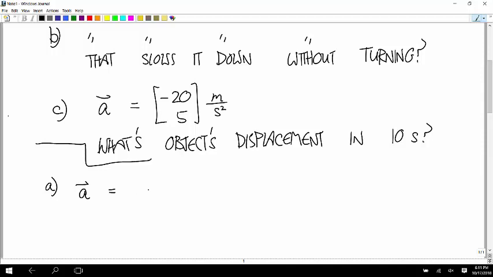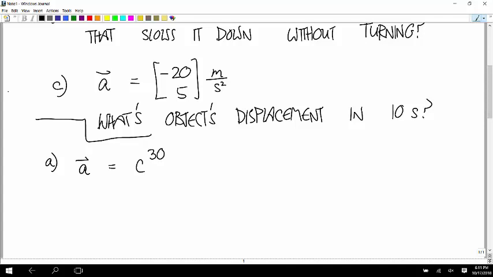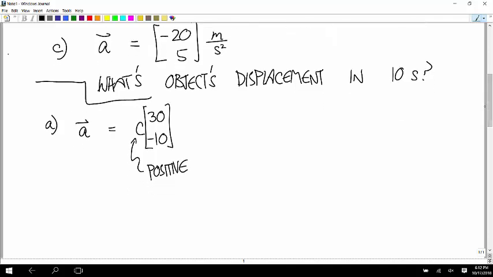So you can think of this as the acceleration is equal to some constant c times that velocity vector, where c is a positive number. And it could be anything, so it could be 1/100th, it could be 1,000. The easiest one is 1, you know.